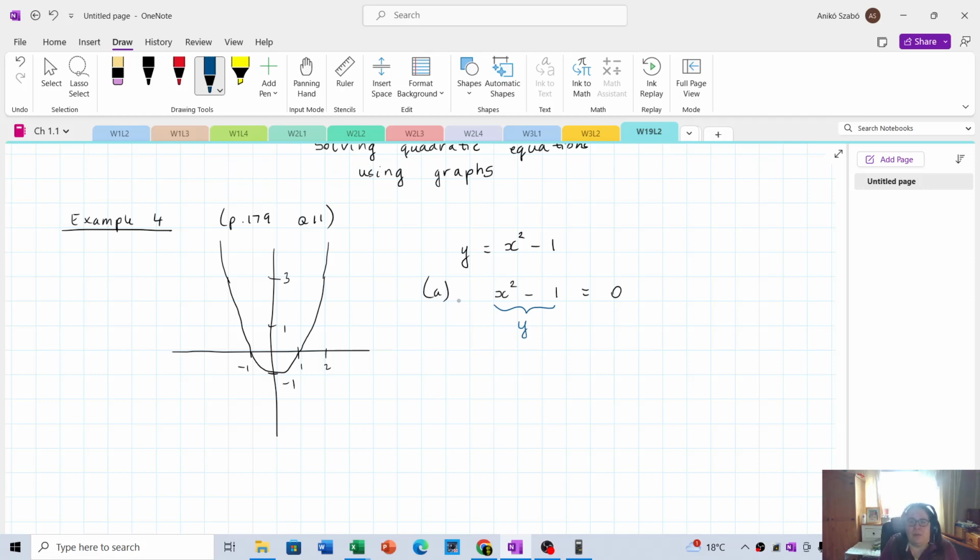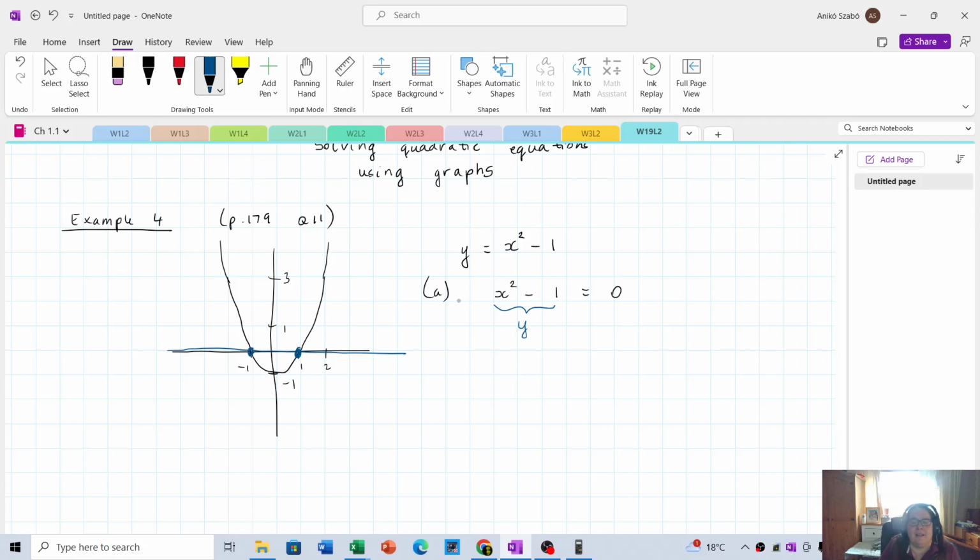So we just want to solve y equals 0. The y equals 0 line is the x-axis. Or you can think about it as find the points on the graph that have y coordinates 0. And those are these 2 points here.